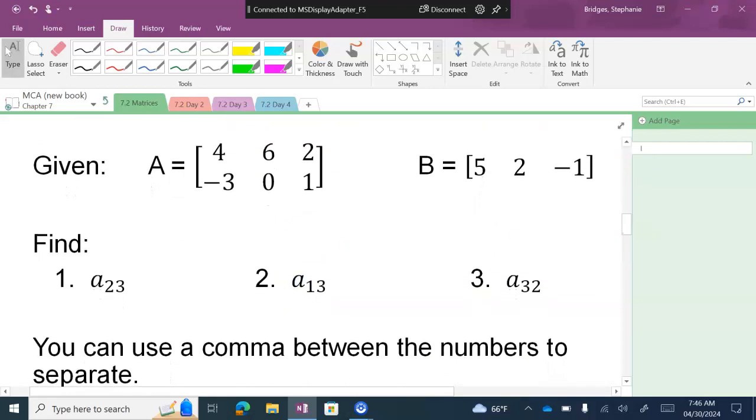All right, if you will take a minute, write those 2 new matrices down, and then we're going to be finding those 3 things. I'll explain what they are in just a second after you have a chance to write your matrices down. We're finding the elements in each matrix.